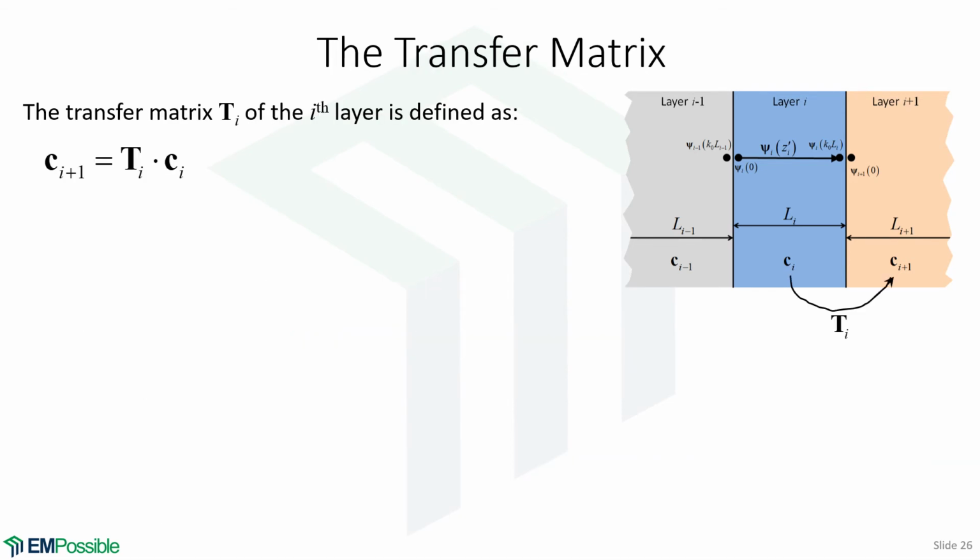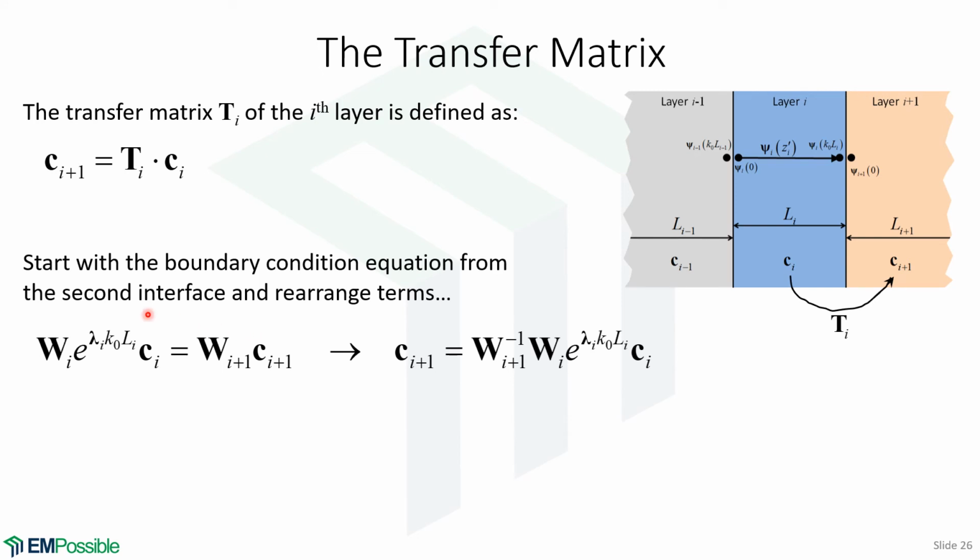Now the transfer matrix. We need to define the transfer matrix. Well, a convenient way to define it is a matrix that will let us calculate c sub i+1 directly from c sub i. So we would like an equation like this, where we take our mode coefficients in layer i, multiply by the transfer matrix of layer i, and get the mode coefficients in the next layer. So that's how we'll define our transfer matrix.